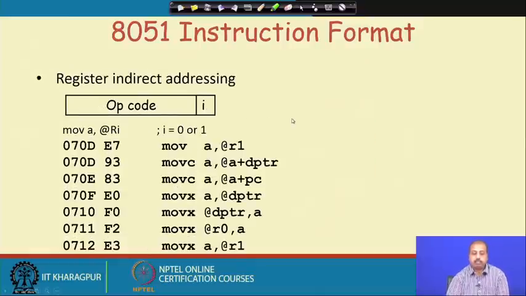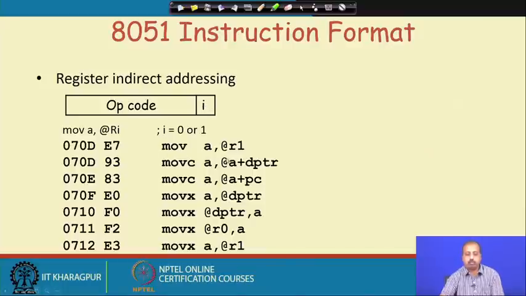On the other hand, if we are talking about register indirect addressing, then we know that only 2 registers are allowed, R0 and R1. So, we can have I equal to 0 or I equal to 1. So, 1 bit is sufficient at the end to identify whether this is R0 or R1.